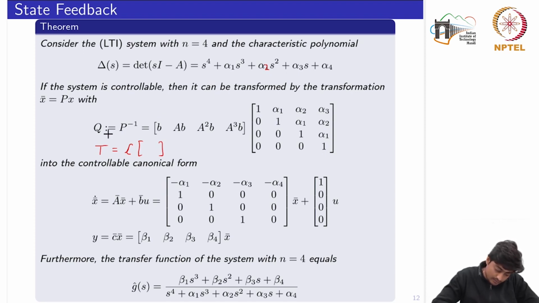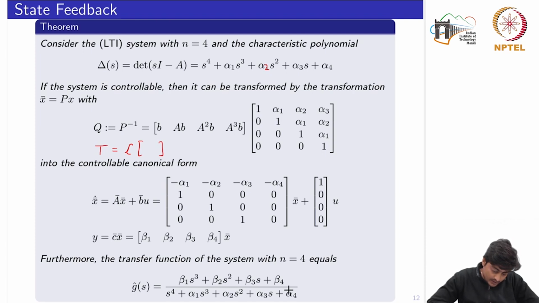So this specific matrix Q or T, which we had seen in the tutorial part 1 and part 2, transforms the system into the controllable canonical form, where all the coefficients of the characteristic polynomial constitute the first row with the negative sign, and the B matrix transforms into B bar. So suppose the C bar matrix is given by b1, beta 1 to beta 4, then the transfer function can be expressed as this one.